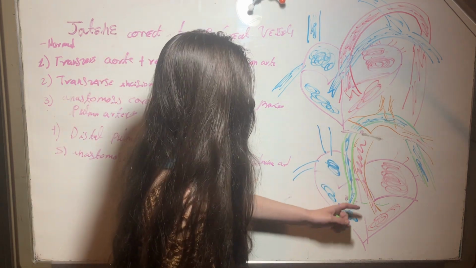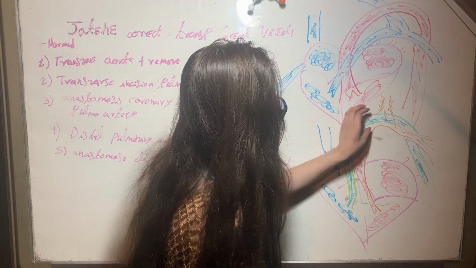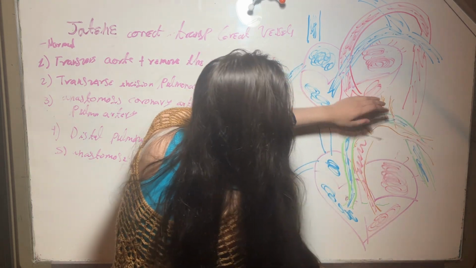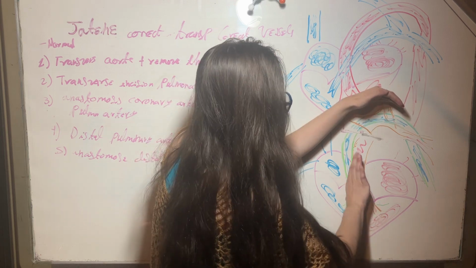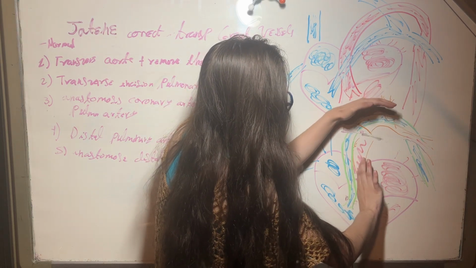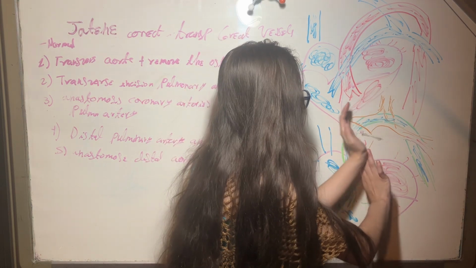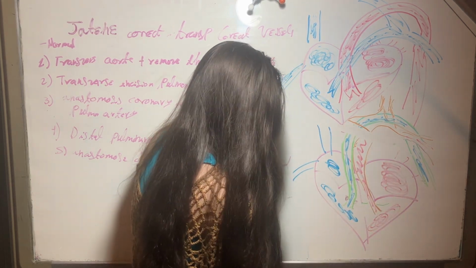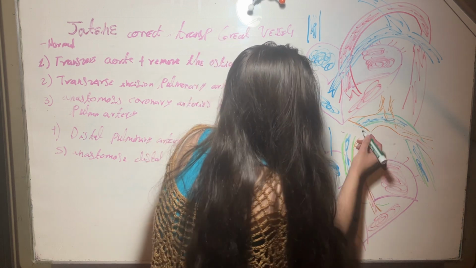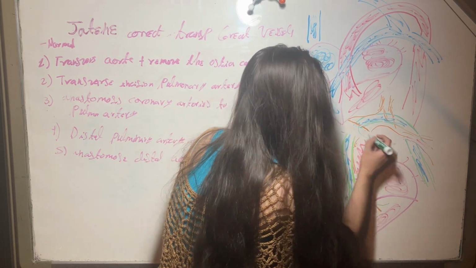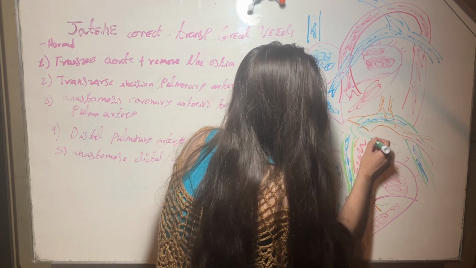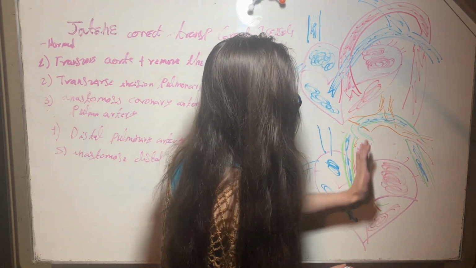So this is the distal part of the aorta. This is the proximal part of the pulmonary artery, and these are going to anastomose. So here we have the cut. The distal aorta is anastomosed to the proximal pulmonary artery.